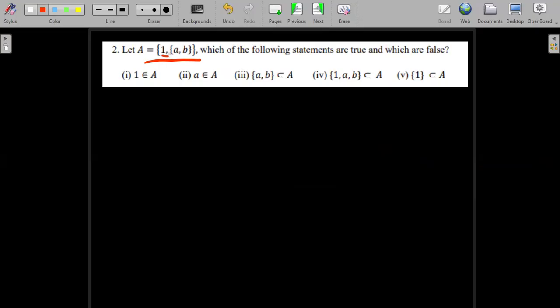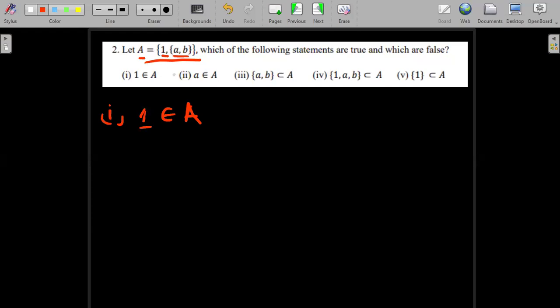You can see there's the element 1, and the other element that is in here is the set containing the elements A and B. Notice that the other element is the set containing A and B, and note that the set A and B is a member of the set A. So which of the following statements are true, and which ones are false? Number 1 says 1 is a member of A. So is this true or false?